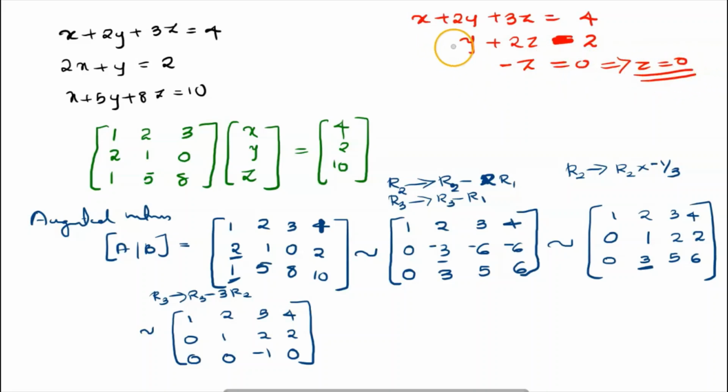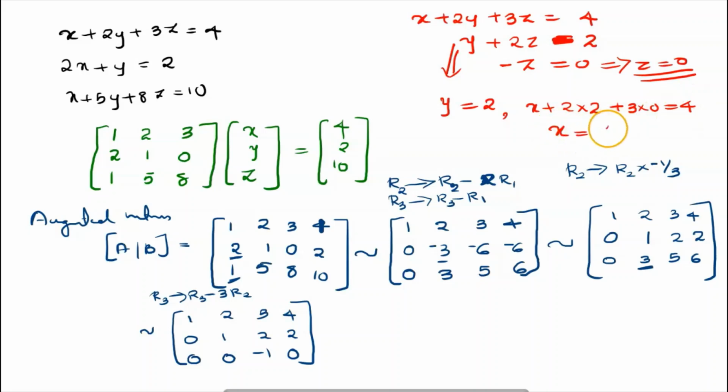Z is 0, which implies y equal to 2. Now, using this equation, x plus 2 into y is 2, so 2 into 2 plus 3 into z is 0, equal to 4.